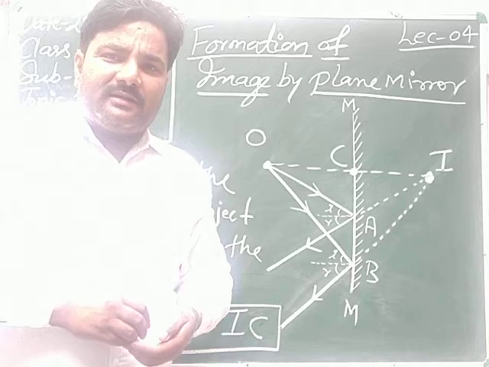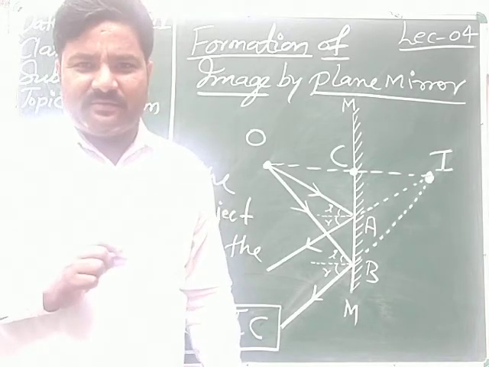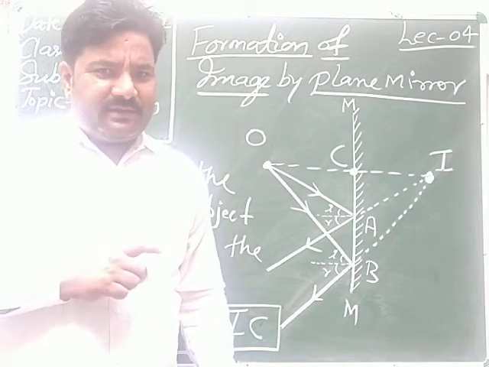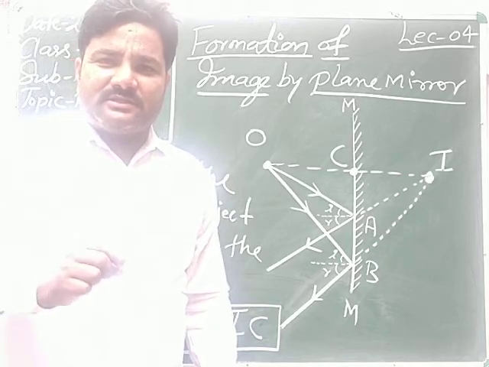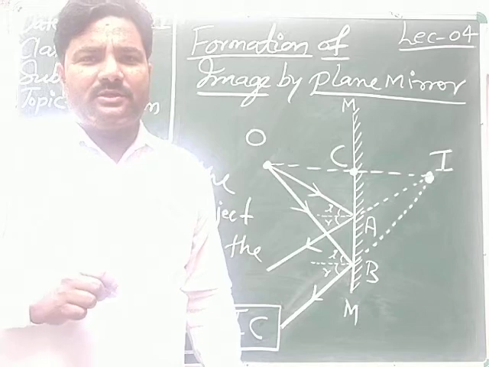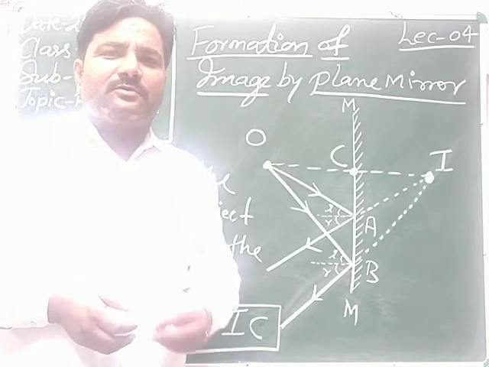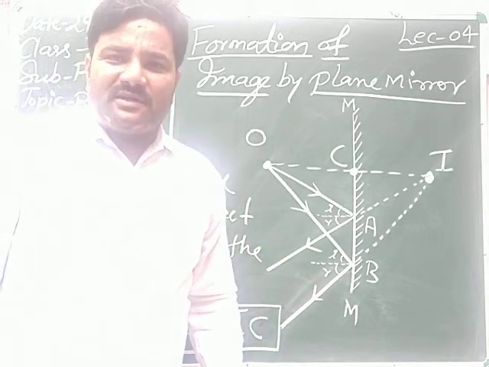In case of a spherical mirror there are different cases for such conditions, but in case of a plane mirror there is only one condition: the distance of the object is always equal to the distance of the image from the plane mirror. Clear?